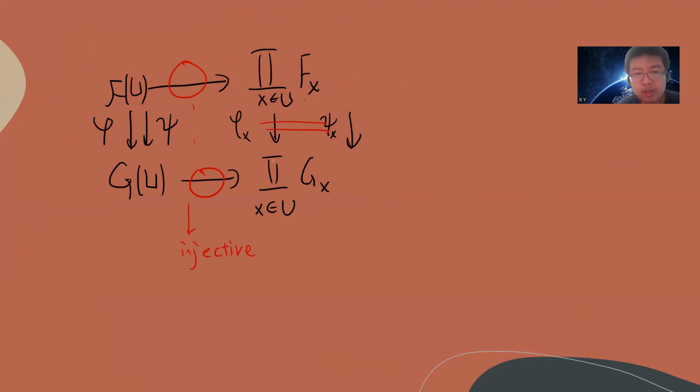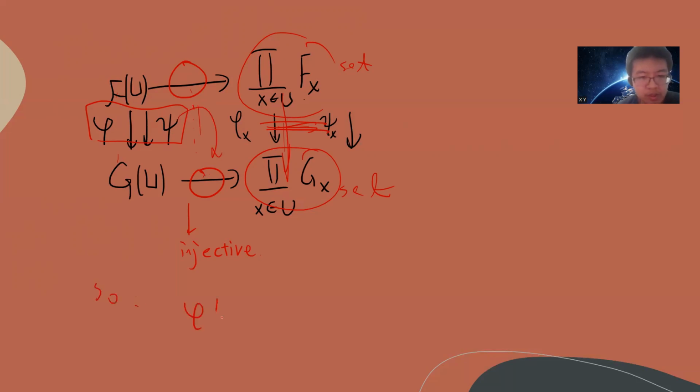Since they are injective and these two maps are exactly the same as maps of sets, if you map every point the same way as a set, they agree on each point. So as a set, these maps are fixed, and these are injective, so these two must be the same.